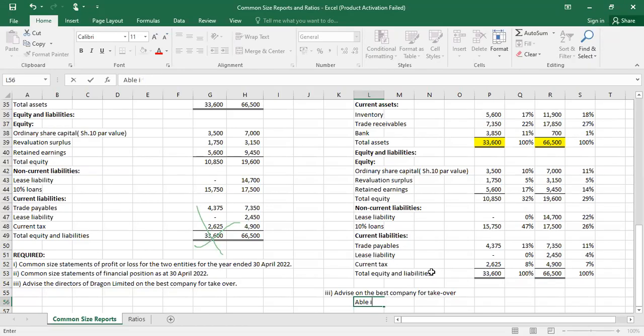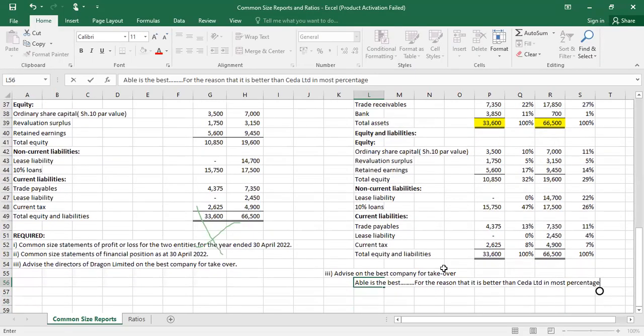Able is the best, of course, for the reason that it is better than CEDA Limited in most percentage parameters or ratios. Most percentage ratios.